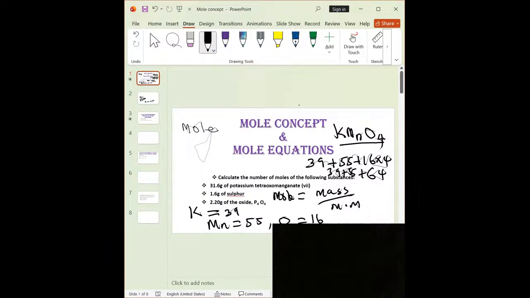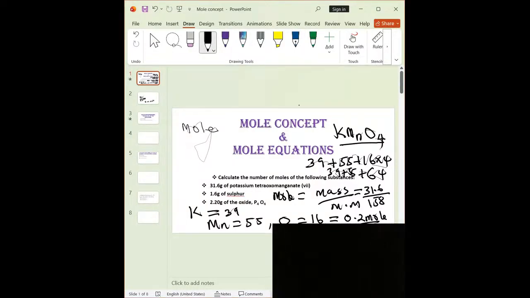Since the molar mass is 158, now take this mass, 31.6, over 158. Divide it: 31.6 divided by 158, and the answer is equal to 0.2. That means the answer here is 0.2 mole. That's the answer we have.